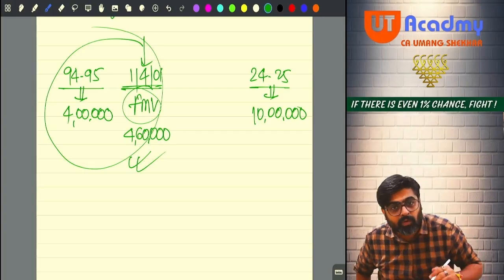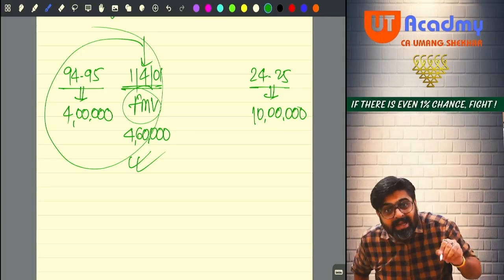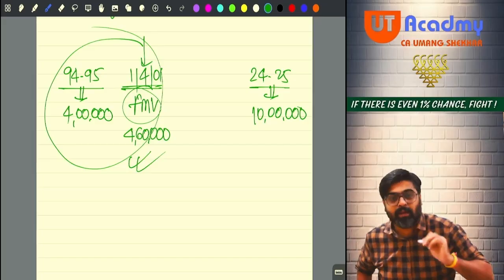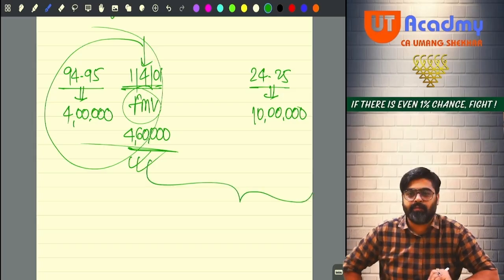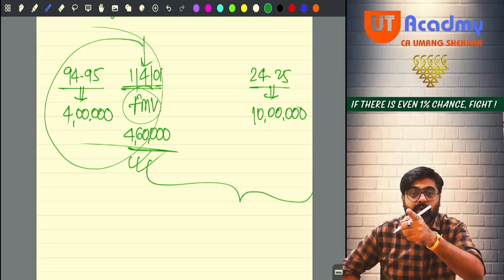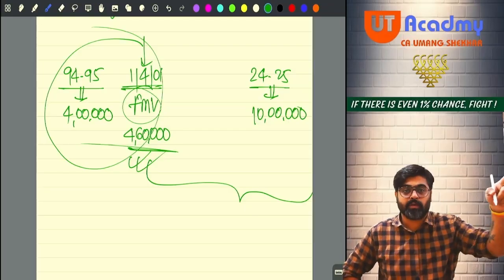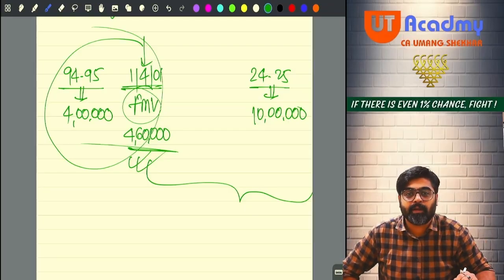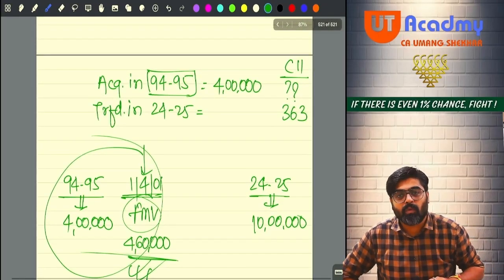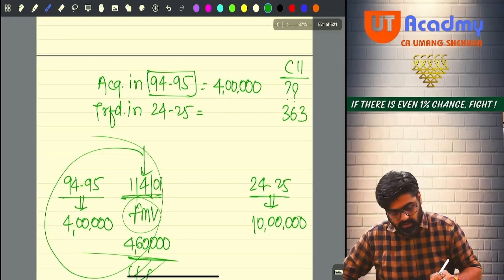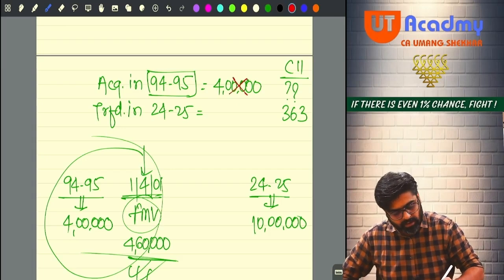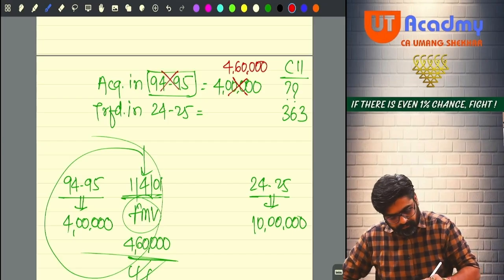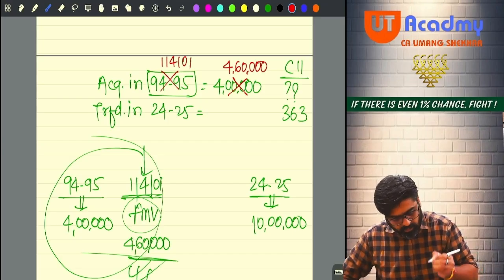Now what we are going to do is index, or inflate, this amount till 24-25, because now we have CII from 2001-02 onwards. Getting my point? So now what will you take here? Will you take cost or fair market value? Definitely you are not going to take cost. You are going to take the fair market value, 4 lakh 60, as on 1st April 2001.